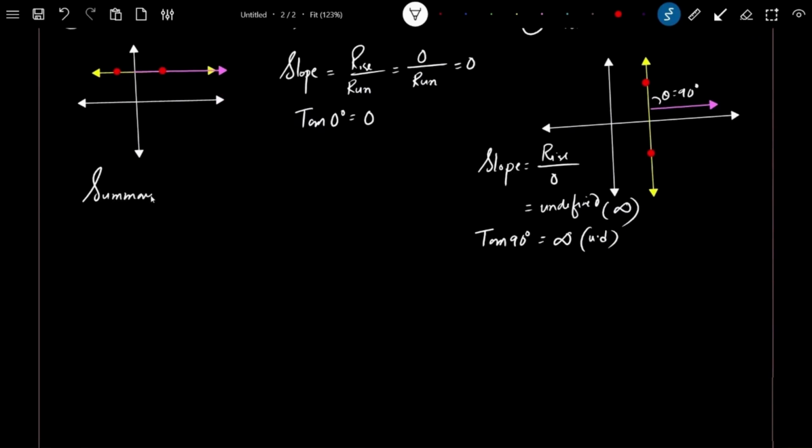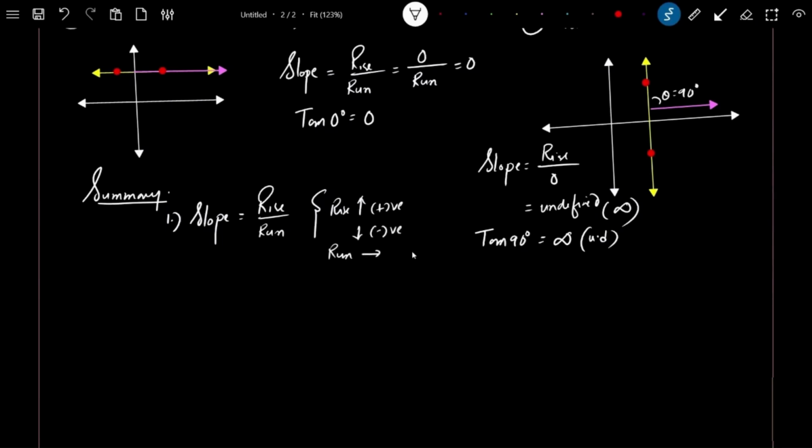The summary of our learning on this part is, remember it in this way: slope is equal to rise over run, with the criteria that rise upwards is positive, rise downwards is negative, run on the right hand side is positive, run on the left hand side is negative.